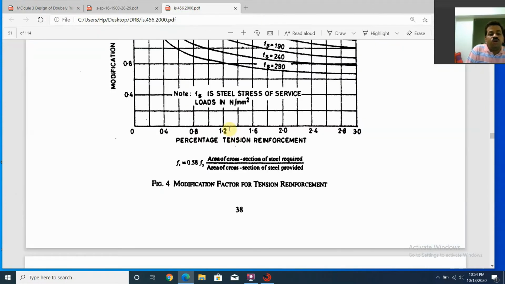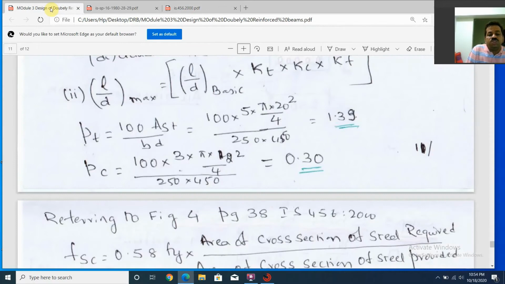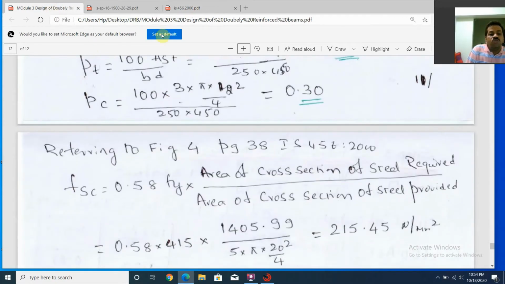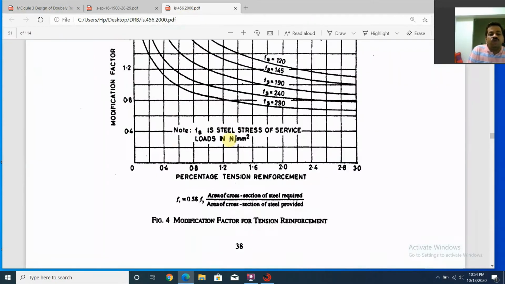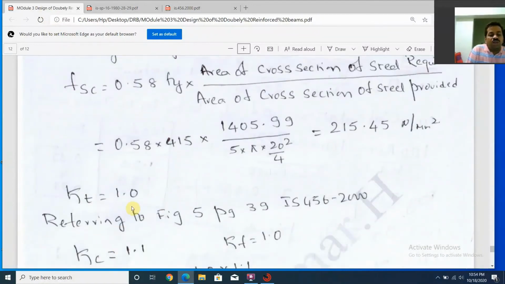So 1.4 is between 1.2 and 1.6, somewhere here, come over here, and then you have the value of the stress 215. So you refer here, it is between 190 and 240, 215. So when I go with this, I'll get the modification factor as 1. That's what is written here. The modification factor KT is 1.